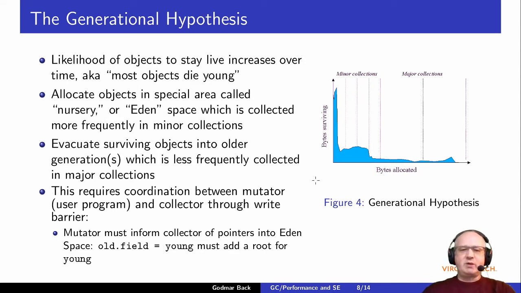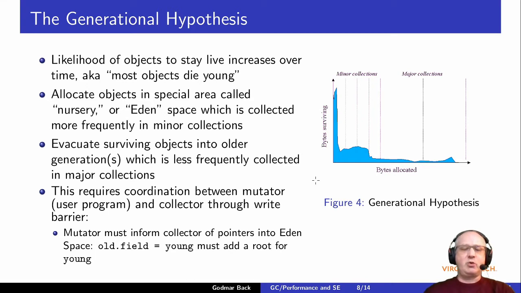In systems exploiting generational collections, it is now necessary to coordinate between the user program that may change the object graph, the reachability graph, and the garbage collector. The user program is referred to as the mutator because it mutates the reachability graph as it executes and creates new connections between objects.